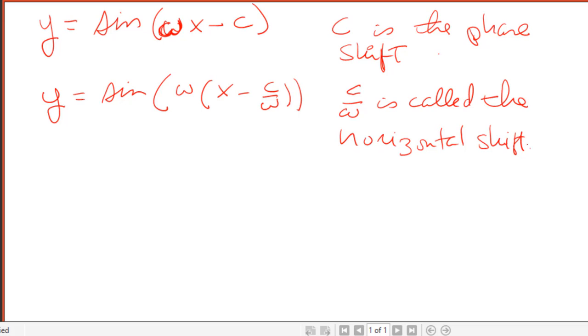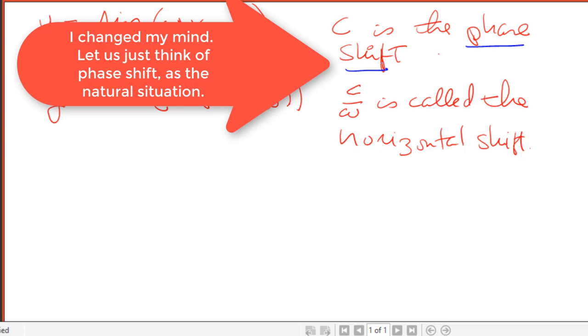Fantastic. Now I want to show you how else you can think of this. How else can this make sense, given what you know already? So now hang on for a second. I'm going to call the phase shift the natural period.